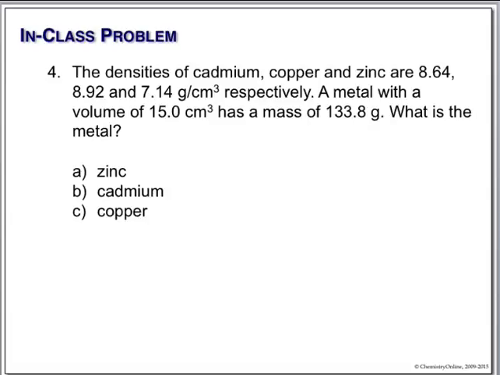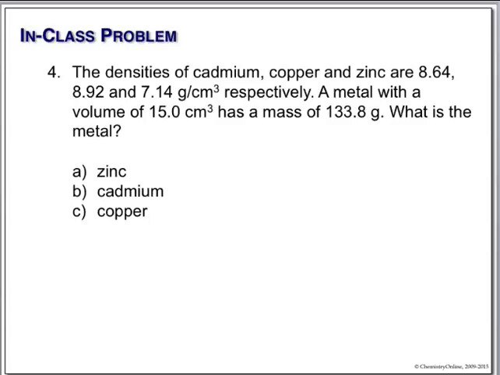One of the other things that we could have done in the lab was to try to identify an unknown based on density. Now, since we hadn't done density yet, I didn't want to include that in your lab grade. So, this is the kind of thing that you would do, though. We have cadmium, copper, and zinc. They're all elements. And we have densities of 8.6, 8.9, and 7.1.